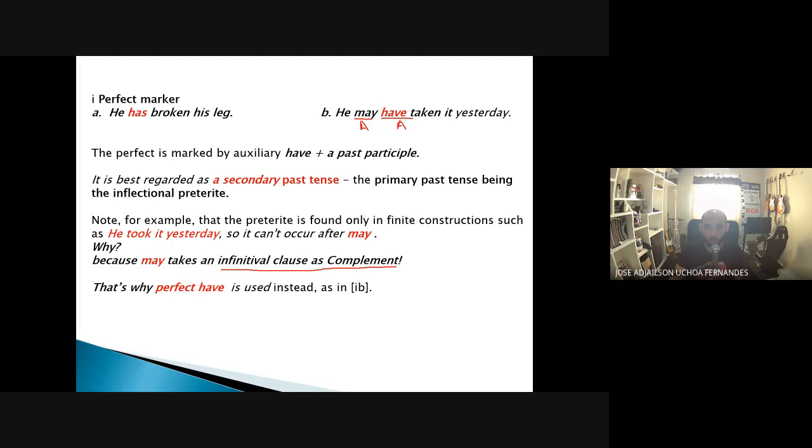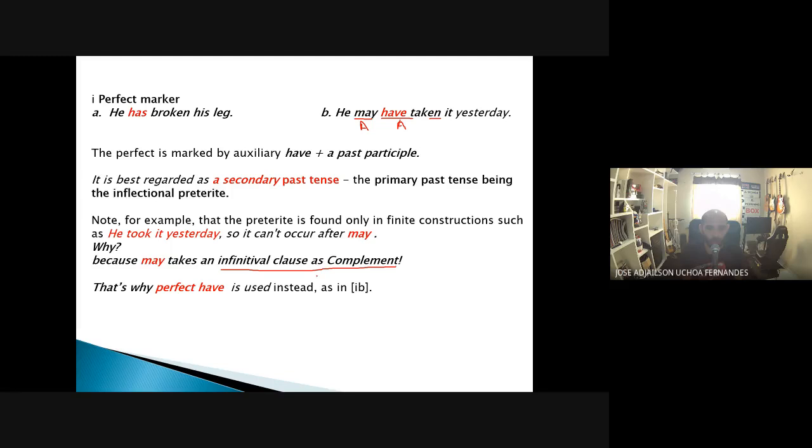But this may is an auxiliary, a modal one, to modalize the sentence, to indicate a possibility. And this have is an auxiliary for the perfect, to mark the coming of a participle, the appearance of a participle of the verb to take. So he may have taken it yesterday.